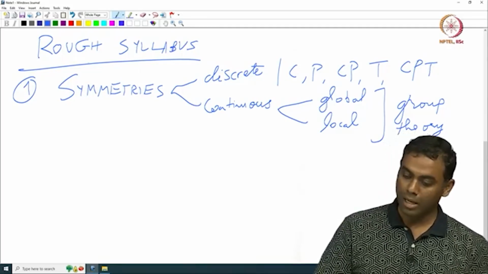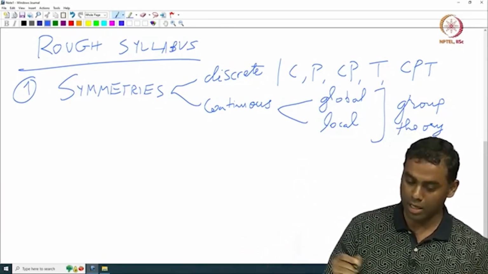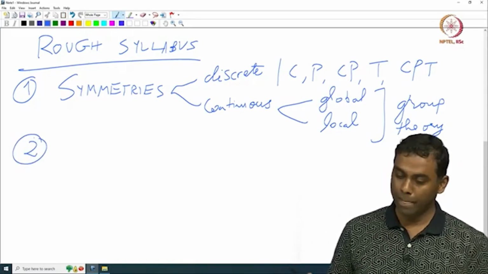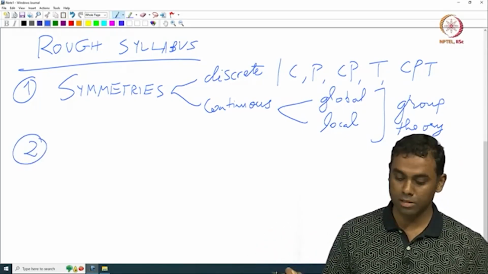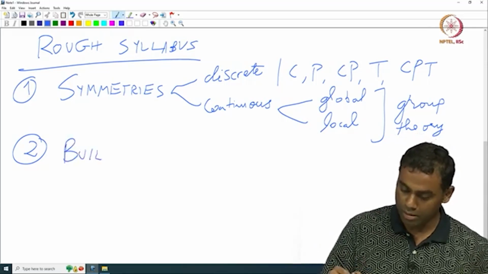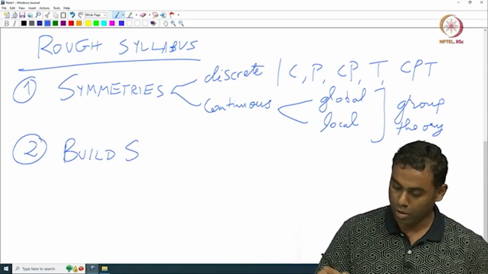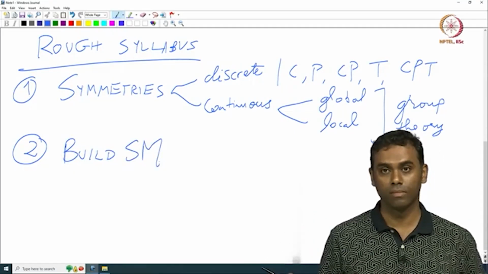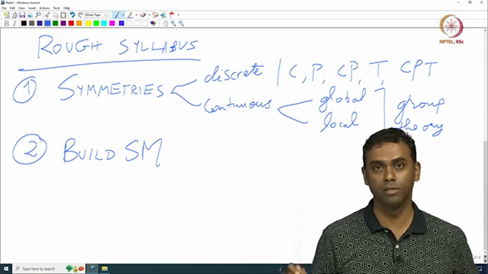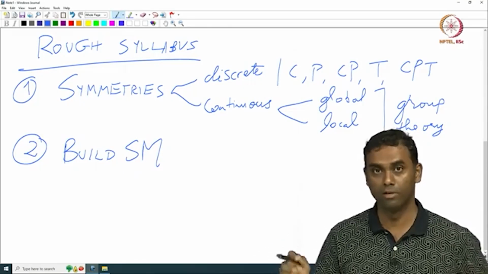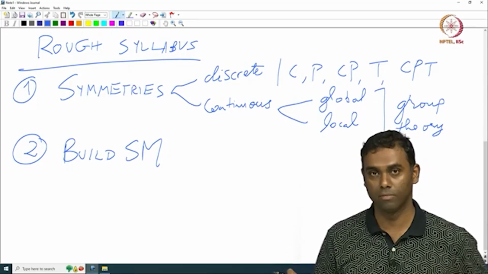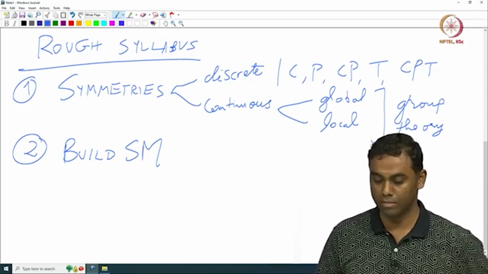Okay. And then once we have this at our disposal, we will use these principles to actually build or construct the standard model. Okay, just write SM. Standard model being the expression of these principles in the real world. Okay, the best microscopic theory that we have to describe the real world, right?